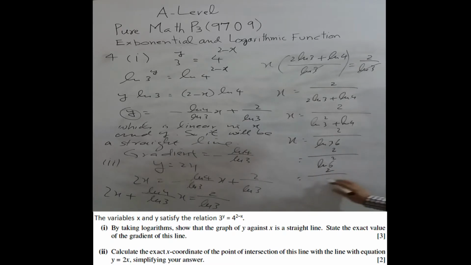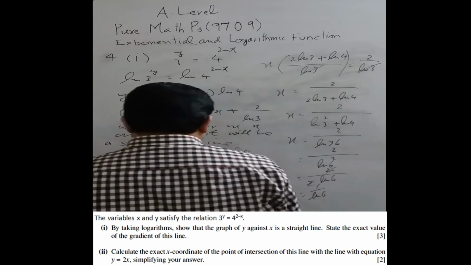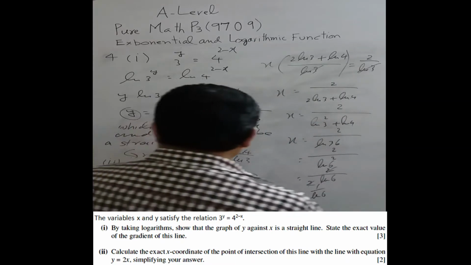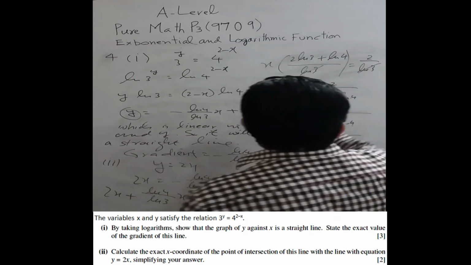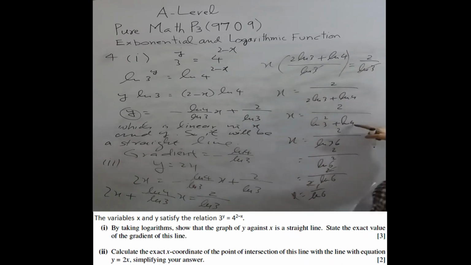Again applying the property of log, this 2 is cancelled out, and we have the x coordinate 1 over ln 6. I have left one thing, that is ln 4 over here. When we take LCM, this is ln 4, and finally we must have ln 4 also.